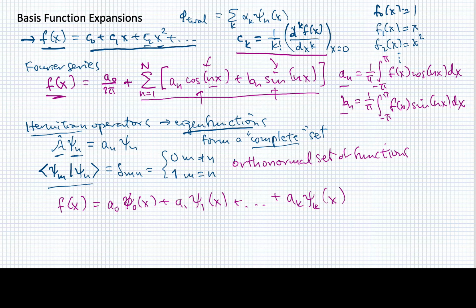In some cases, this series is a finite series, but in many others, it's an infinite series. So we just tend to write this using a summation sign, n equals 0 to some unspecified number, a sub n, psi sub n of x. So we can express any function like this.